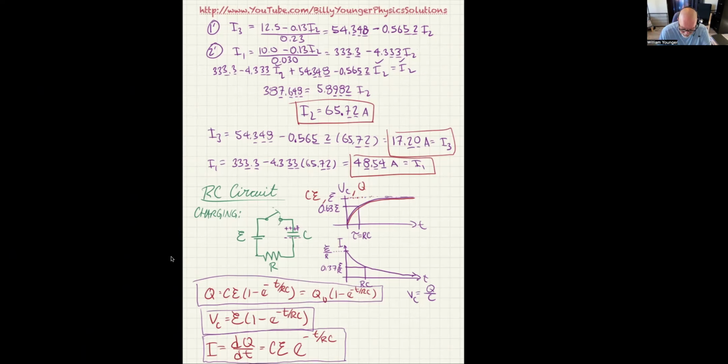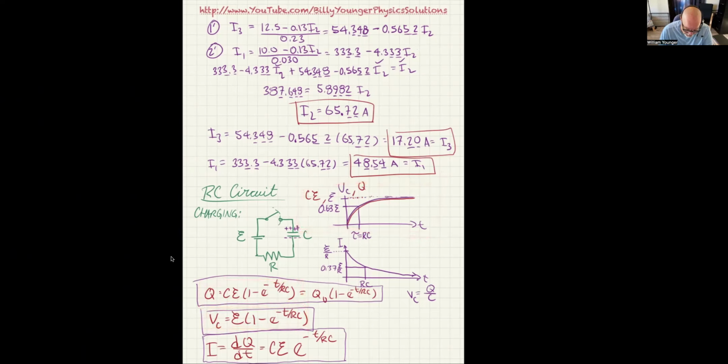Once you know that, then you can see RC is a time constant, and Q is just C times E times parentheses 1 minus e to the negative t over RC, close parentheses, and the voltage would look exactly the same way, except we know that voltage is gotten by taking the Q and dividing by C. Remember, C equals Q over V gave us that V is equal to Q over C. So if I take this quantity Q that I just told you is the solution and divide it by C, then I'd get exactly this expression, and that's why these two graphs look alike.